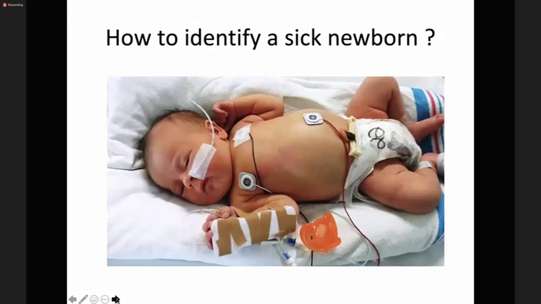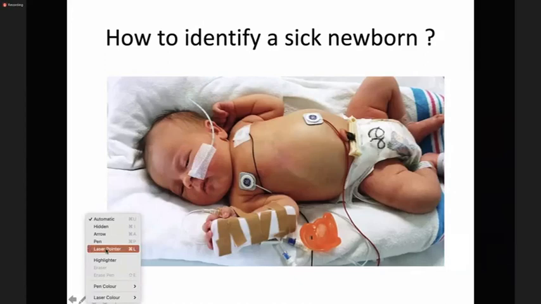So then we come to the question, how do we identify a sick newborn? Okay. Can you tell me, there are various tubes attached to this baby. Would you like to tell me what they are? Arul Janani, can you name some of the tubes that are attached to this baby? Nasogastric tube. Yeah, okay, good.